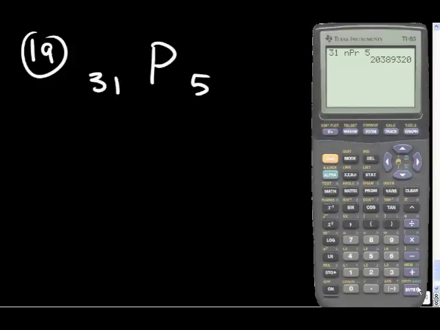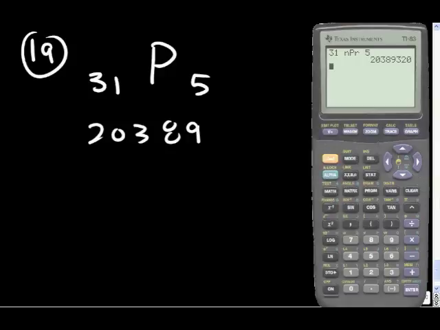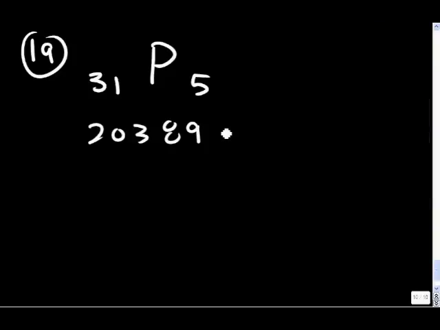We'll figure out this number. 20,389,320. That means there's 20,389,320 sequences of 5 numbers where you care about the order taken from a pool of 31 numbers.